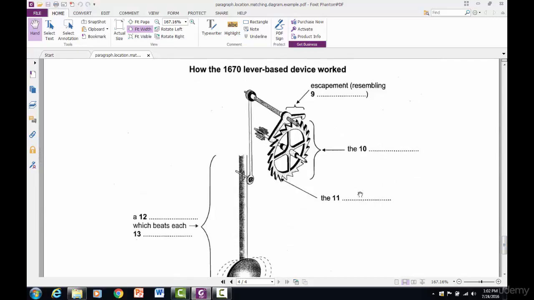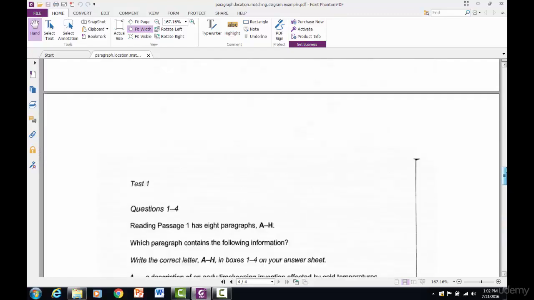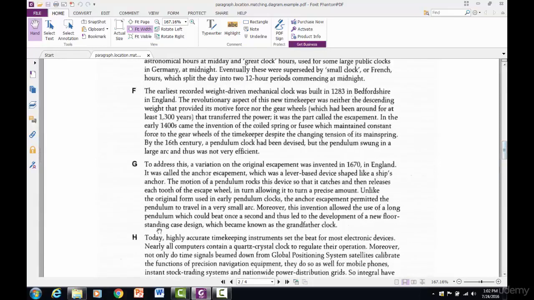The answer to number 11 is tooth. The answer to number 10 is escape wheel, because that looks like a wheel. We know 10 and 11 have to be together, but in our passage, the word tooth comes before the answer for number 10, escape wheel. So that's what you have to be aware of for a diagram question.